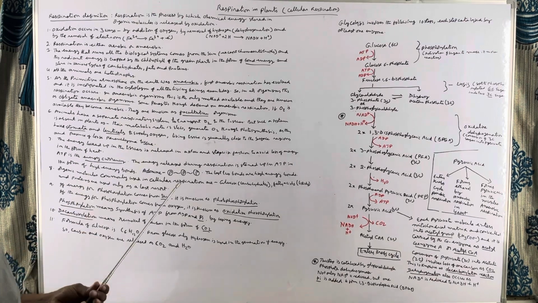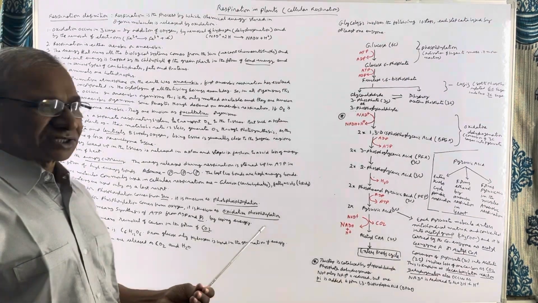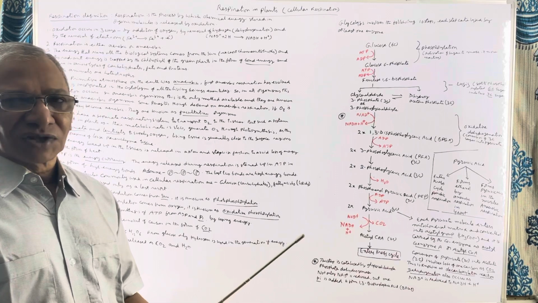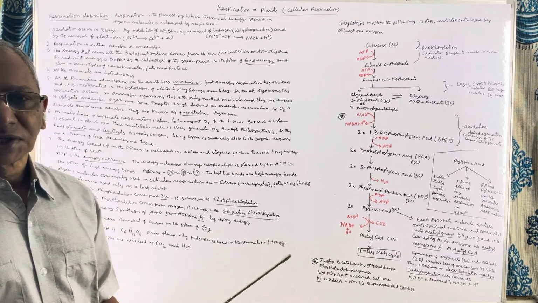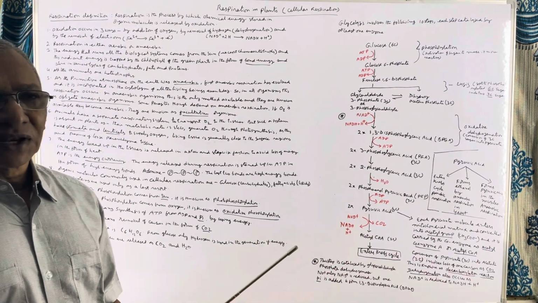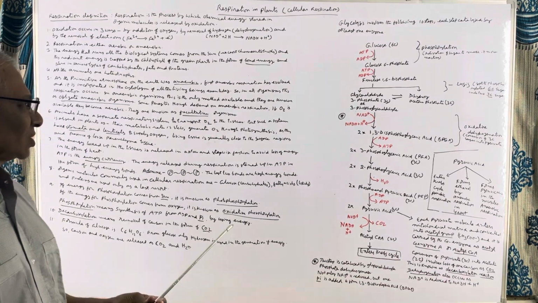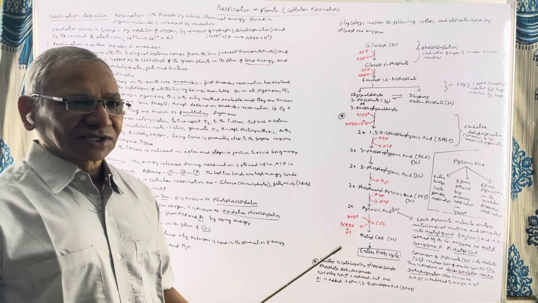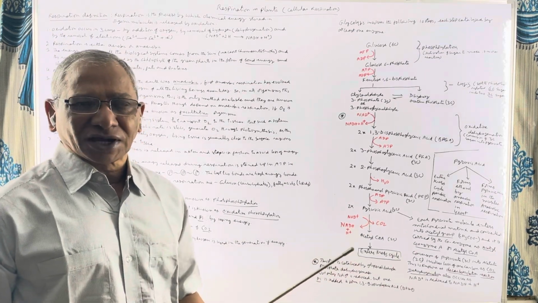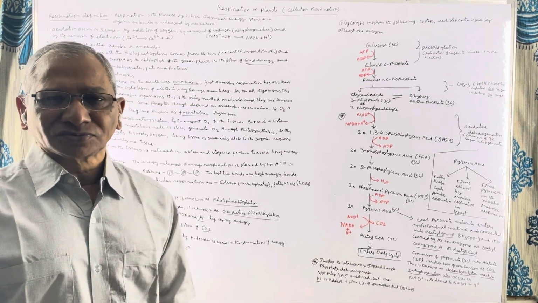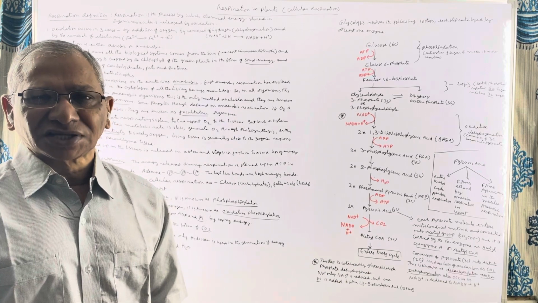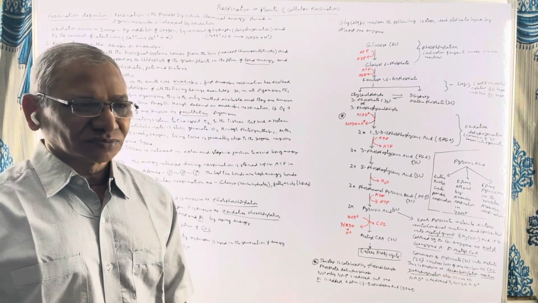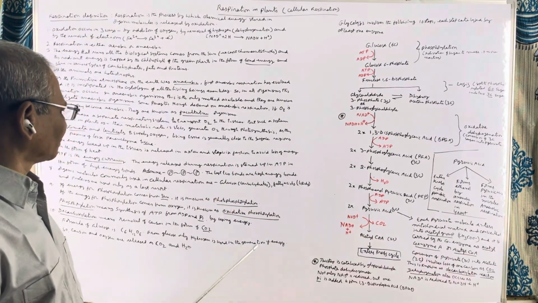In the case of facultative anaerobic organisms, whenever oxygen is available, they carry out the Krebs cycle, and when oxygen is not available, they carry out glycolysis. Glycolysis is a Greek term. Glycos means sugar, lysis means breakdown. So in the process of glycolysis, sugar is broken down. And I will explain that point later on.